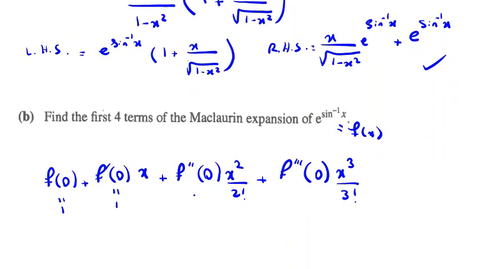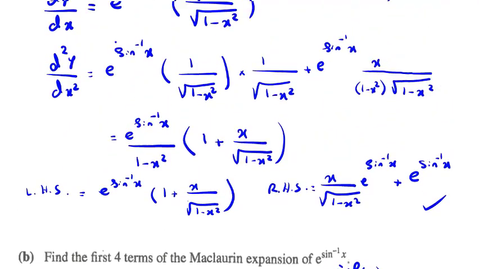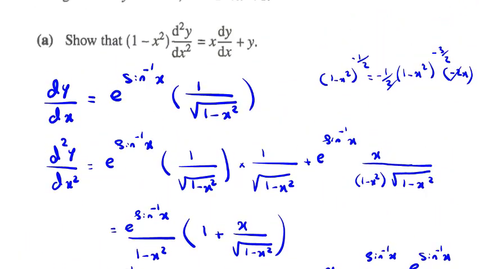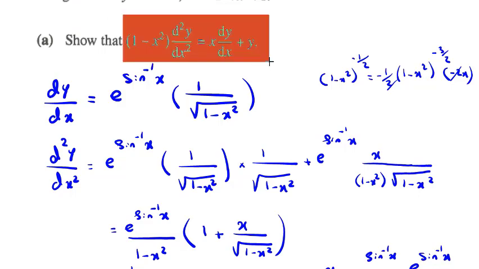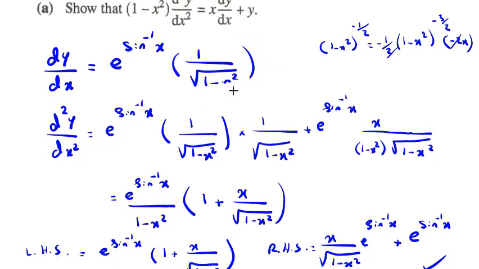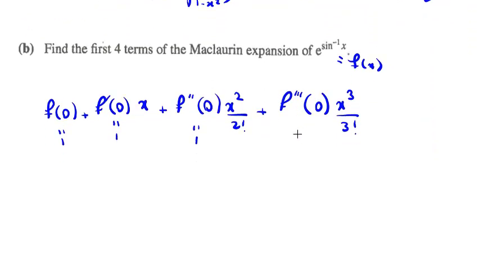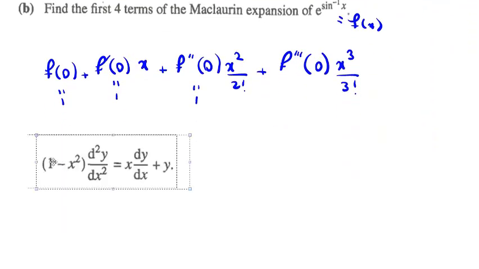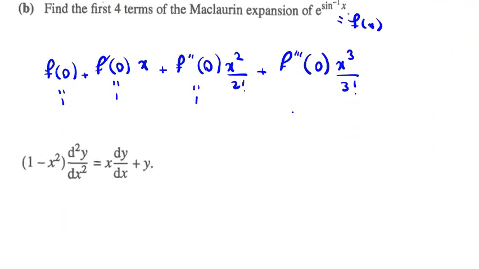So it is also 1. But now we should find this d3y over dx3. So let me copy this one, because I want to find d3y. It is what?